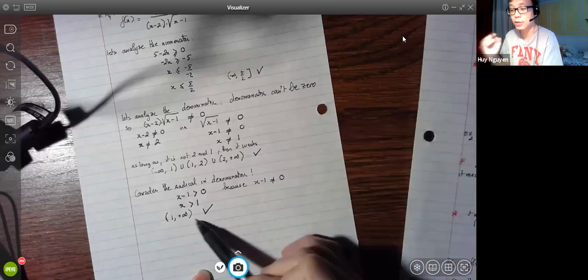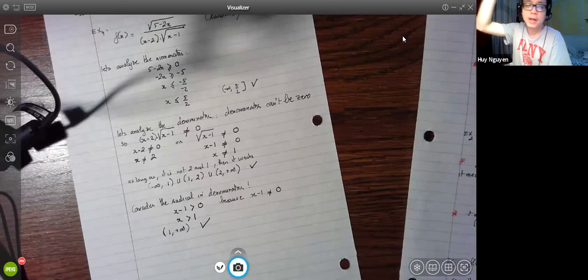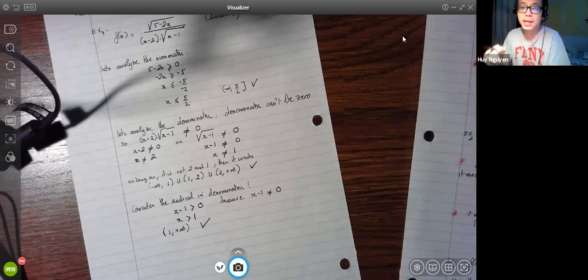So you have to consider all cases. You consider the top case, the numerator. You consider the denominator. Then you have to see if the denominator has a radical or not.